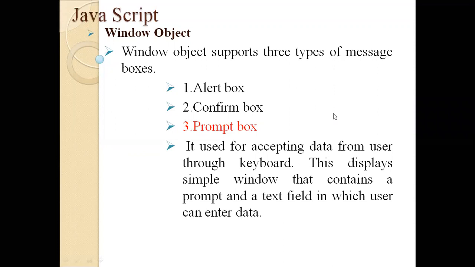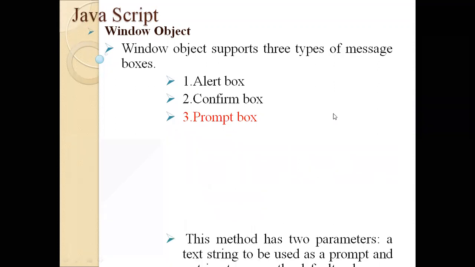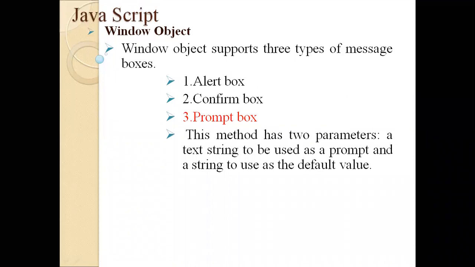Let us have a look at the syntax of this prompt box. Before that, let us discuss this particular prompt method. This method has two parameters: a text string to be used as a prompt and a string to use as the default value.